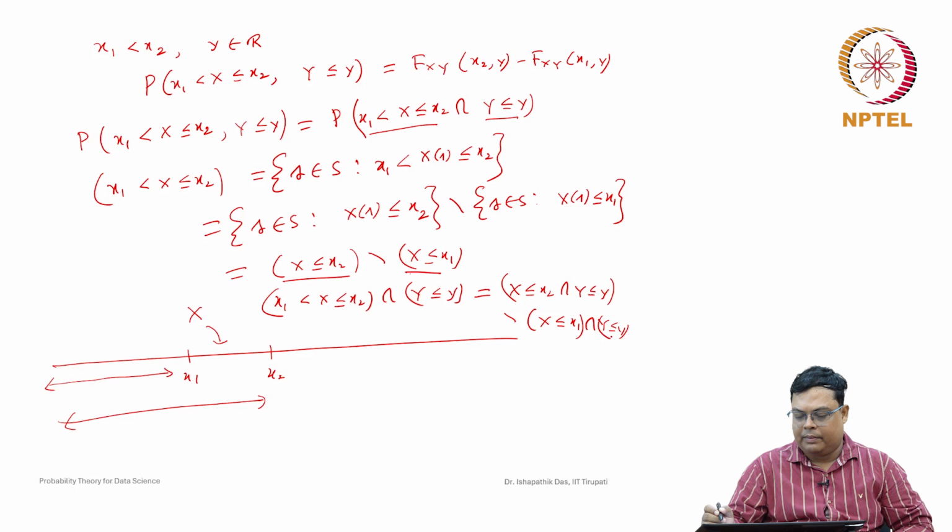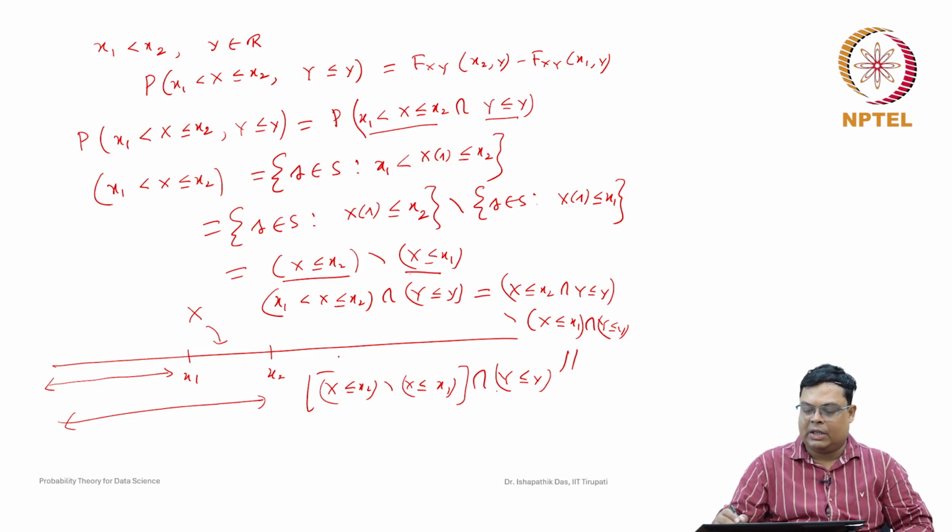So, that is how we can show it. You can also show it using the distributive property, because this can be represented as X less than or equal to x2 minus X less than or equal to x1, intersection with Y less than or equal to y, and then using the distributive property, we get X less than or equal to x2 intersection Y less than or equal to y, minus X less than or equal to x1 intersection Y less than or equal to y.